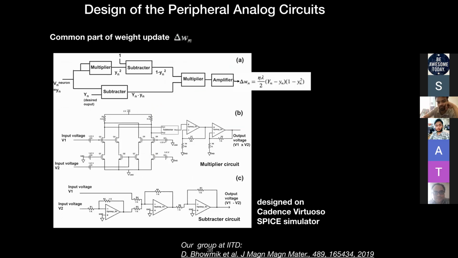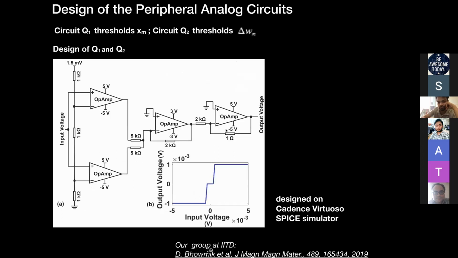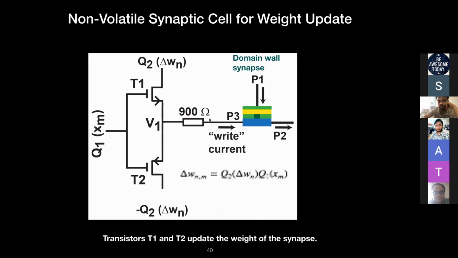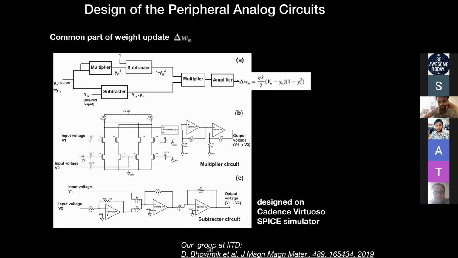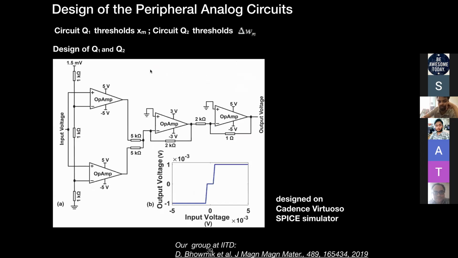Now we calculate the common part of the weight update, and then we update those weights. When we are trying to do this kind of design, we need to have some quantizers as well, because these quantizers enable the weight update. Earlier I was saying that the weight update at the synapse is basically the input multiplied by the common part of the weight update.